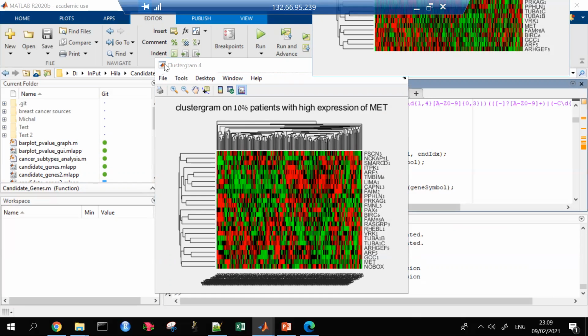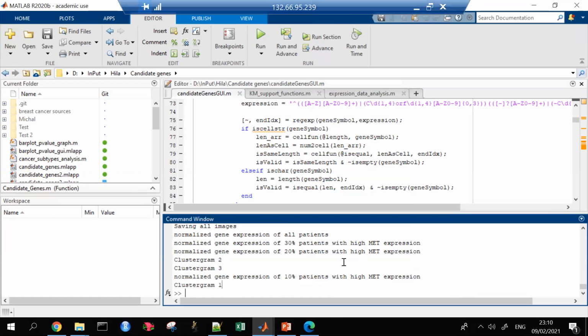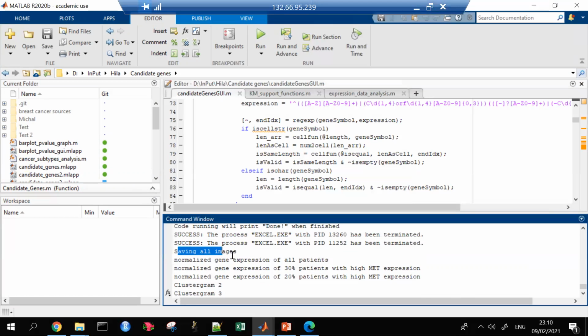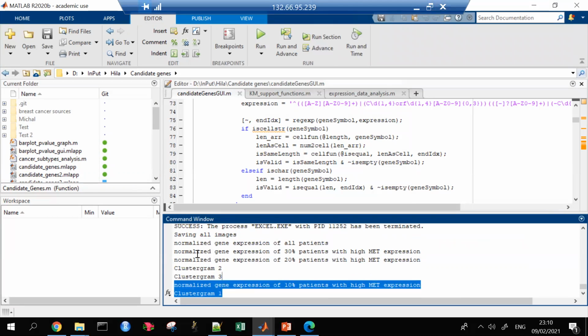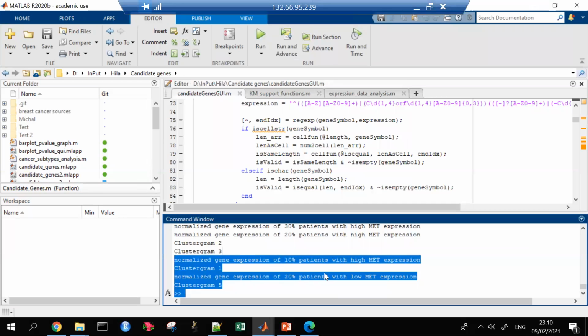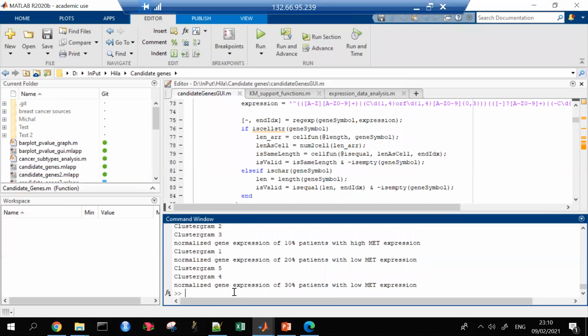As you can see here, it is called clustergram 4, and usually the names are more descriptive. And as you can see here, it says saving images, saving all images, and you see the names of the images being saved.